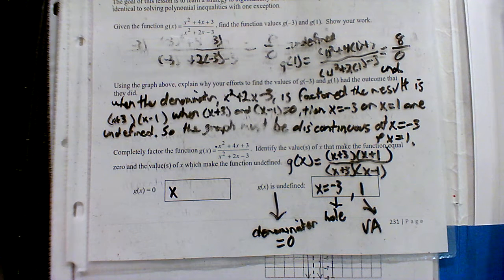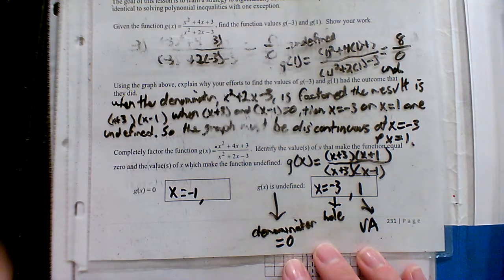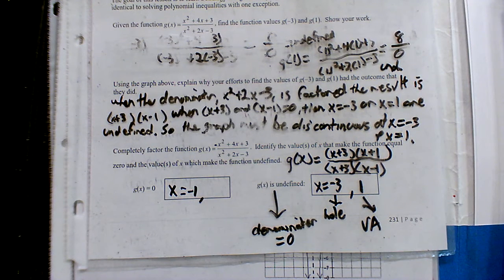Where is g of x equal to 0? Okay, negative 1. I agree. What about the x plus 3? Any idea what happens with that?